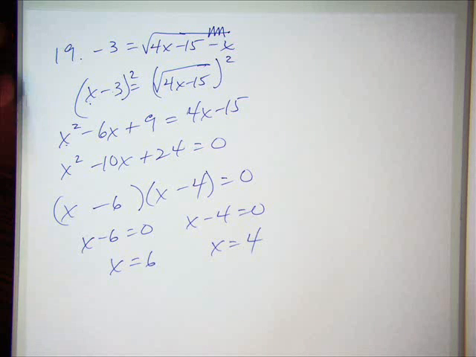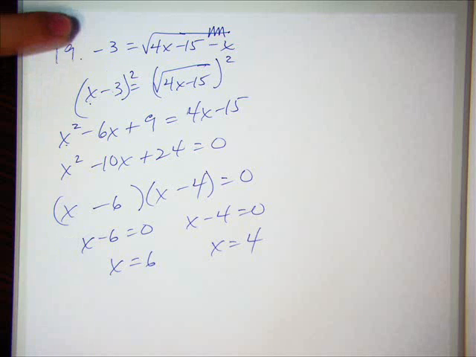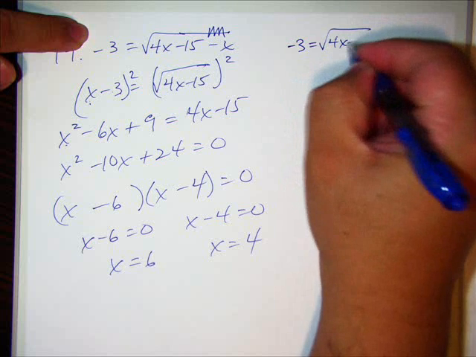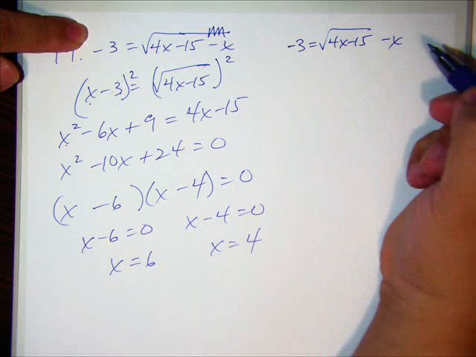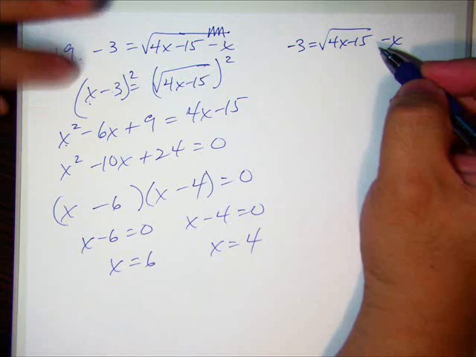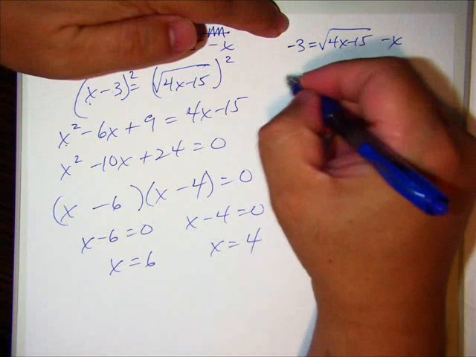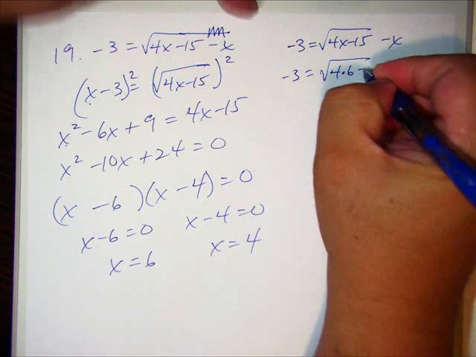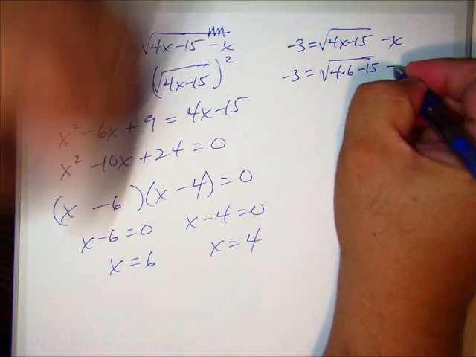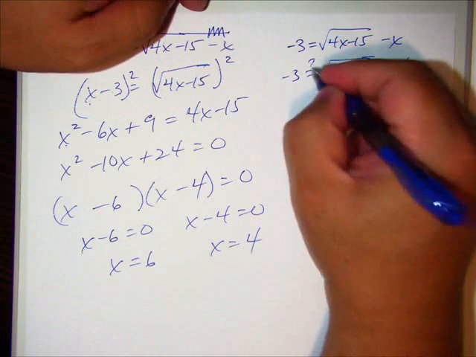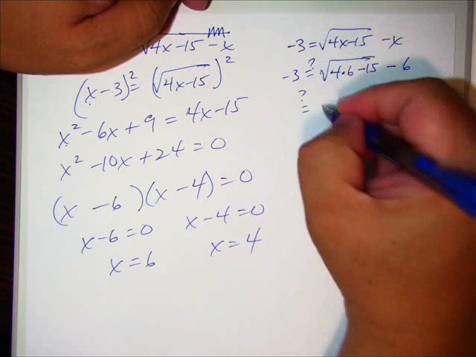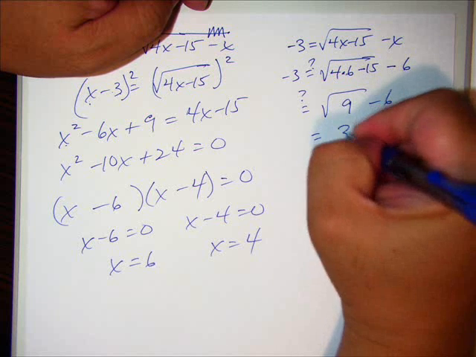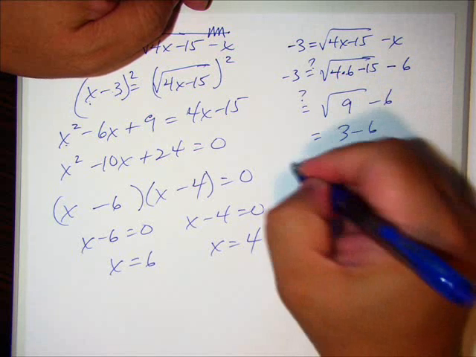Plug it in to the original. Copy the original. Plug it in: the square root of 4 times 6 minus 15, minus 6. Are those equal? That's 24 minus 15, which is 9. So that's 3 minus 6. Yes, it's negative 3.